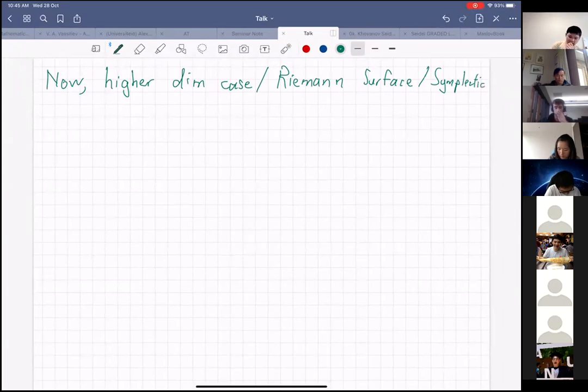Now I recall what we did a month ago. What we have now instead is a symplectic manifold. This is omega, not W. This is omega, the symplectic form.